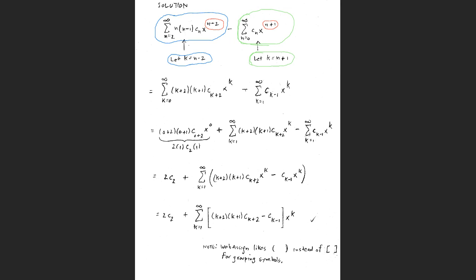So what I'm doing here is changing what's called the index of the power series. Both of these power series have an index n. N is the index. I'm going to convert the index from an n index to a k index.